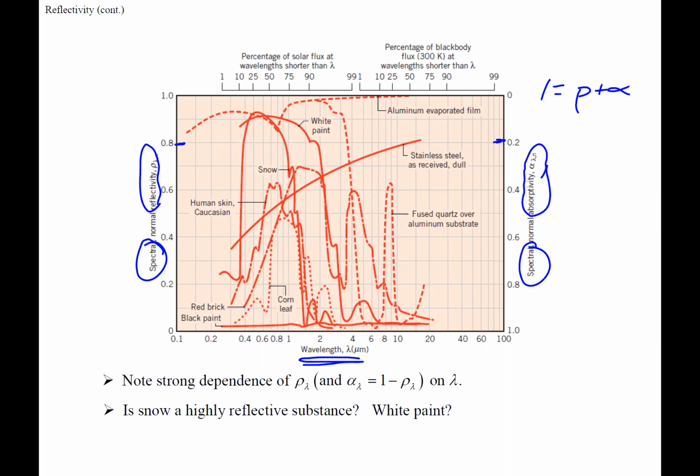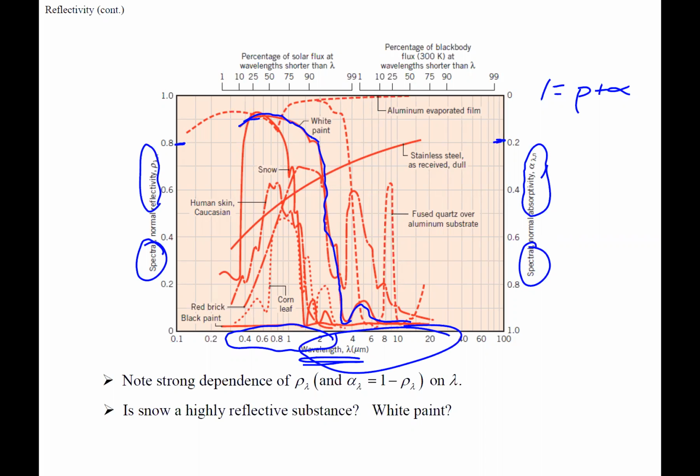All right, so what do we got here? Let's take white paint for our first look. White paint has a lot of reflectivity around here in these wavelengths, and then it drops. At these higher wavelengths, it's got a low reflectivity and very high absorption.